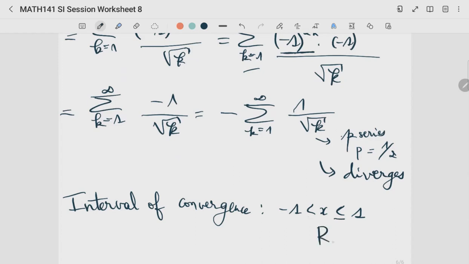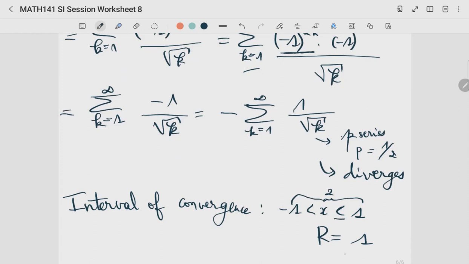And our radius of convergence is therefore 1, because we are moving from the middle, x is equal to 0, to 1. From -1 to 1, that's a width of 2, so from the middle at x is equal to 0, that's a distance of 1.